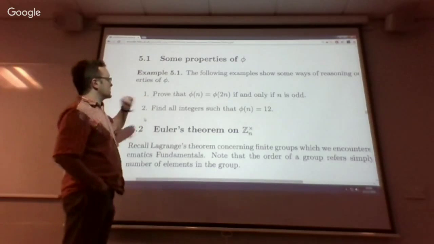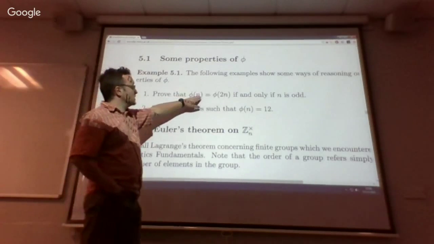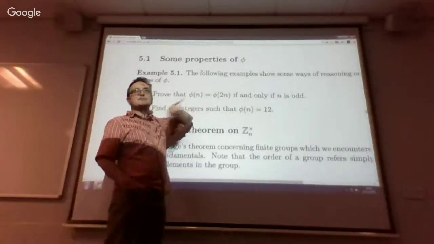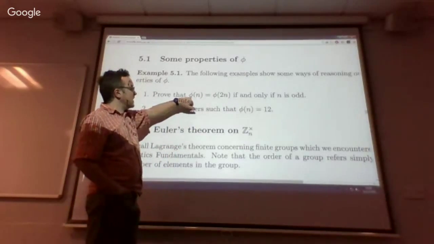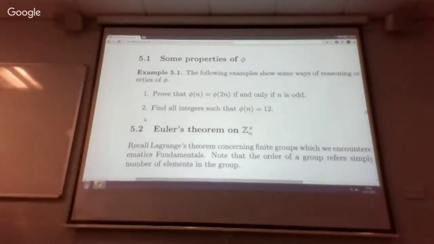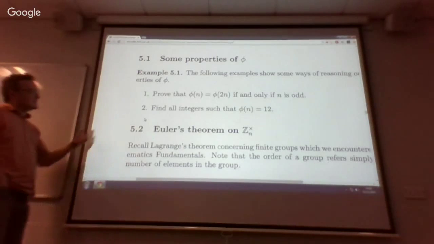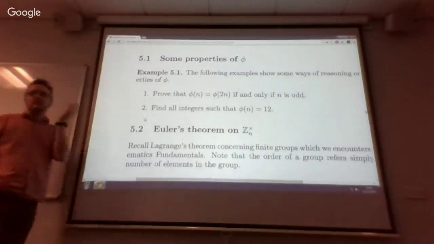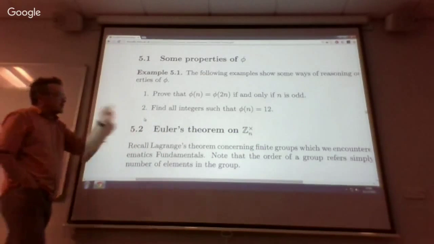The first problem is to prove when phi agrees on n and 2 times n. So when is phi of n equal to phi of 2 times n? We're going to prove that that's the case if and only if n is odd. And the second problem is just one example from an infinite number of problems like this.